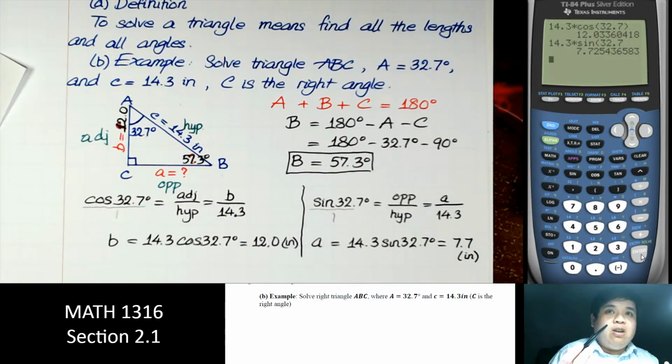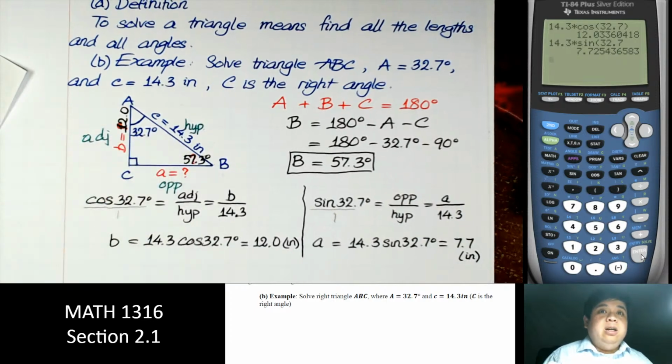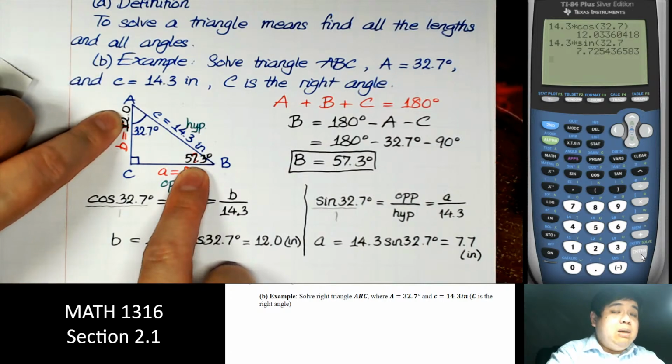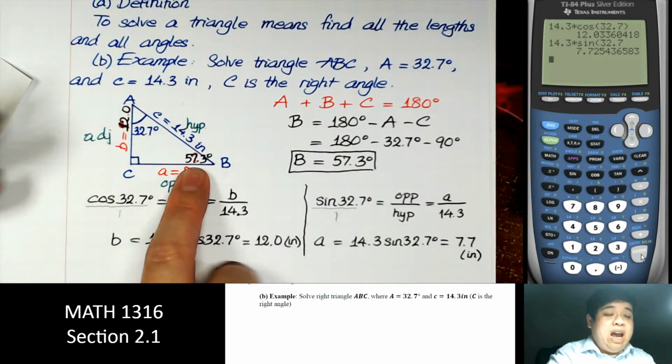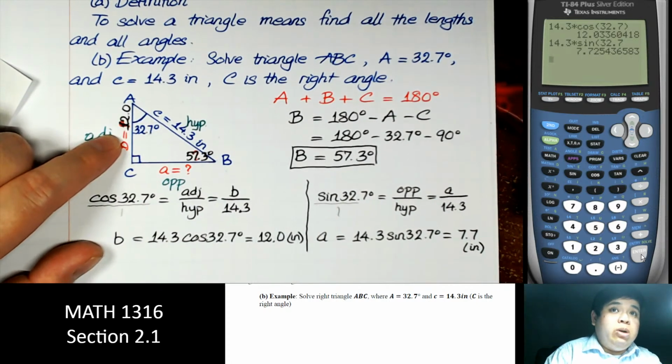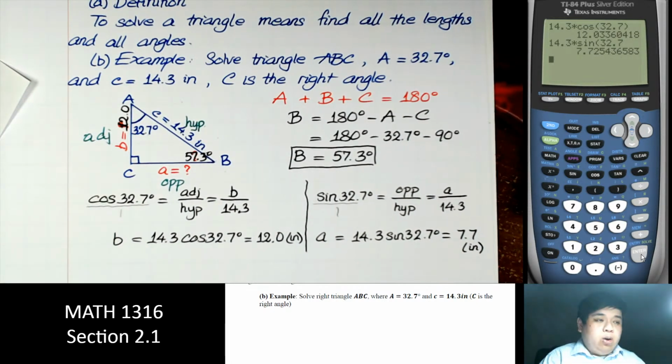That's why I write different colors. So we try to use the numbers that are given. It's much better than using the numbers that we calculated, because when we calculated those two numbers, it may or may not have some rounding error. Certainly there is rounding error here when we round the 12, right?